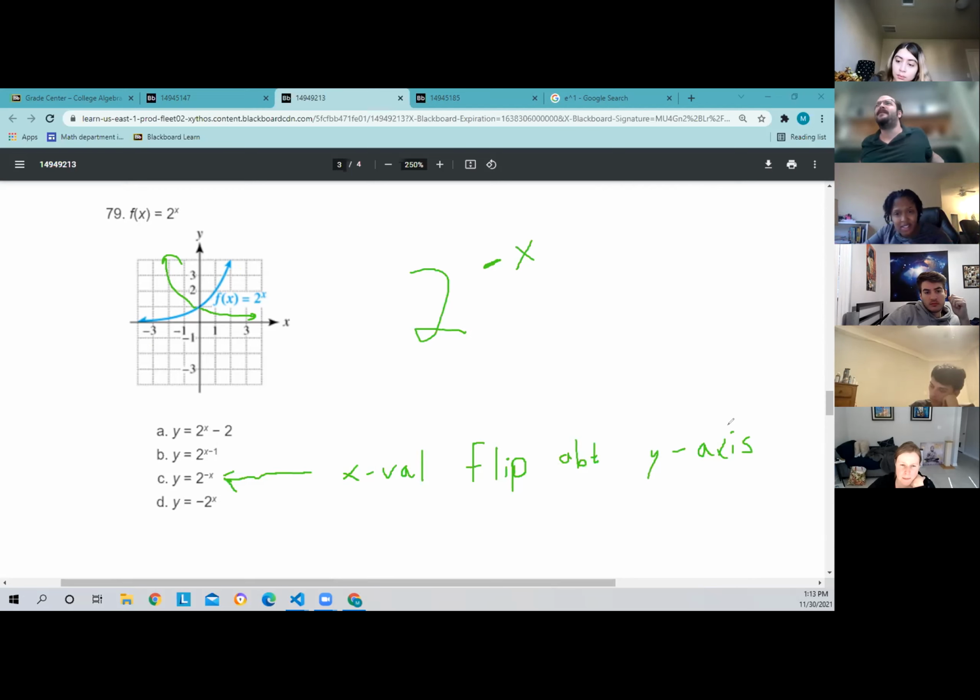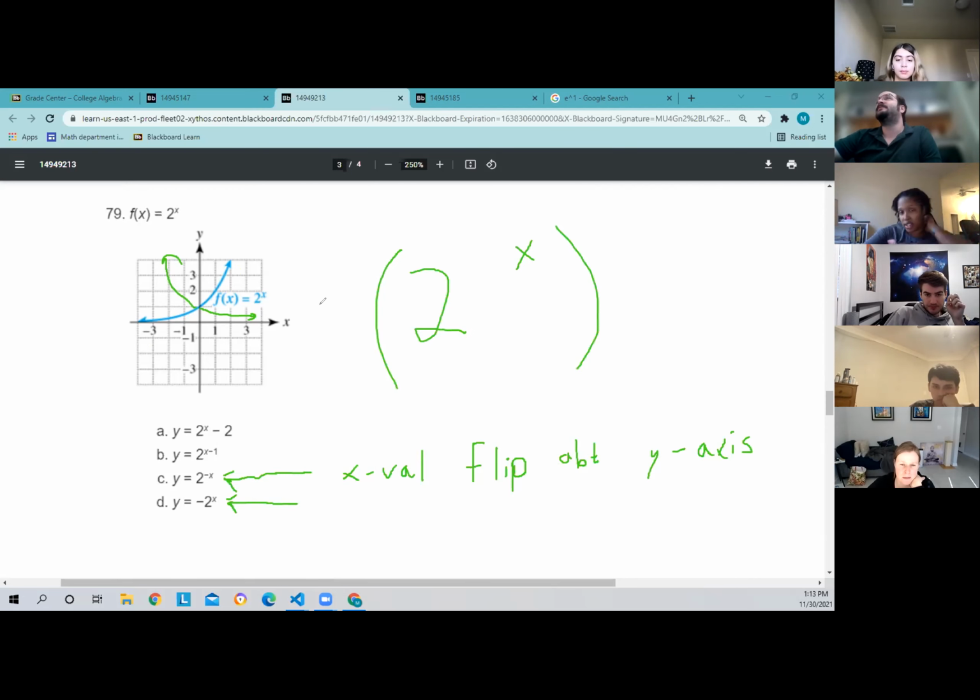Did we do both flips? I don't know. I feel like we did. What is this going to do? I'm not sure, but would it flip it across the x?